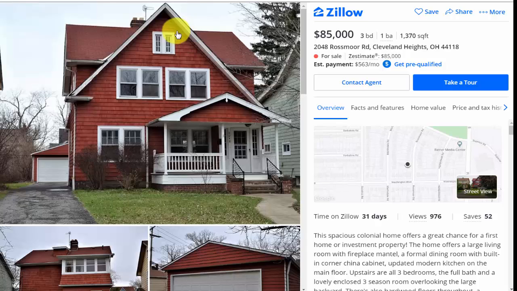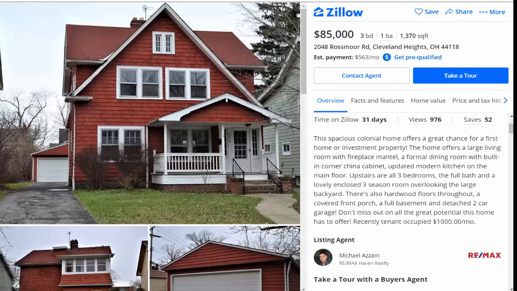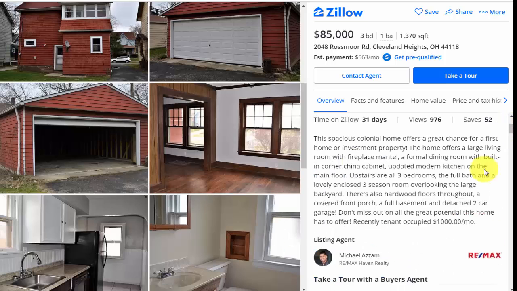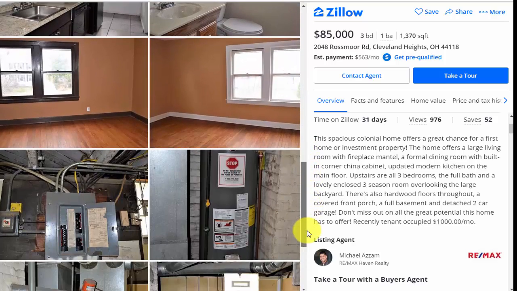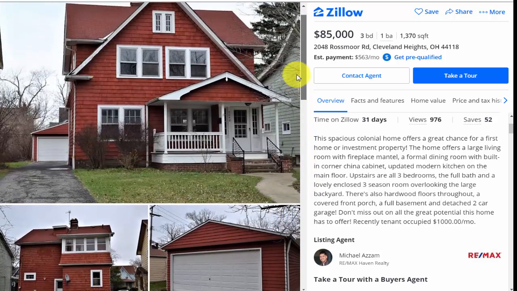Now, briefly, here's a picture of the next house we're going to use as an example. It's $85,000, 3-bedroom, 1-bath, 1,370 square feet. It too is in Cleveland Heights. If you scroll down here, we can see exactly what we're talking about in looking at this house. You can look at the inside, so you can determine whether this house is what you want to pay for.